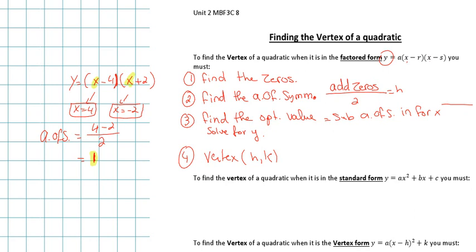Okay? Because the axis of symmetry represents the x value. So that will be (1 minus 4)(1 plus 2). So that's negative 3 times 3, which is negative 9. So my vertex is (1, negative 9).